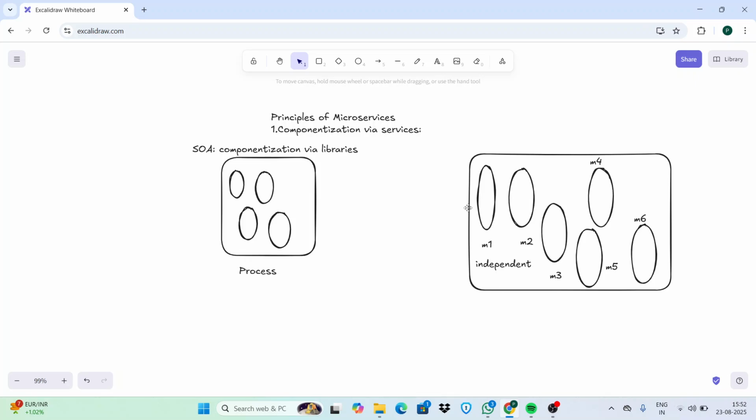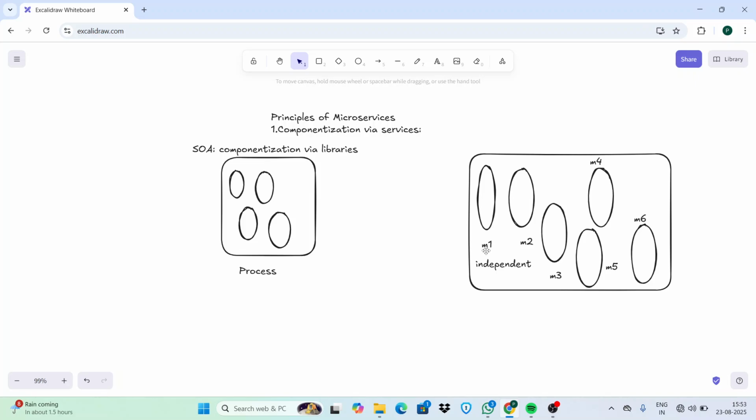Each service does a specific business task, meaning each microservice should be designed for accomplishing a specific business function, and these services should be separate programs.